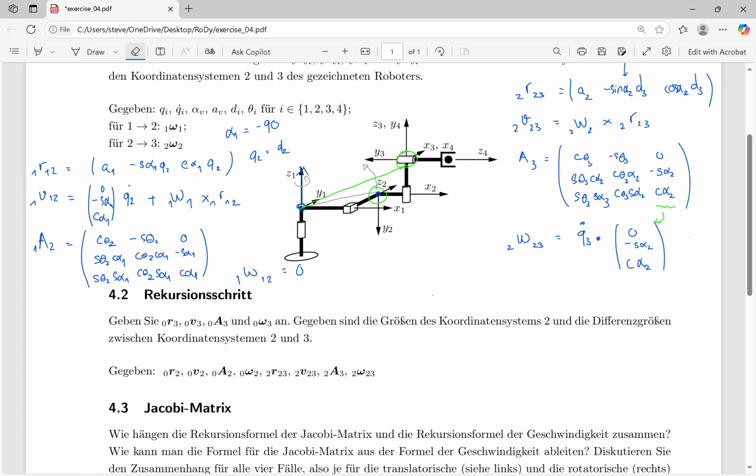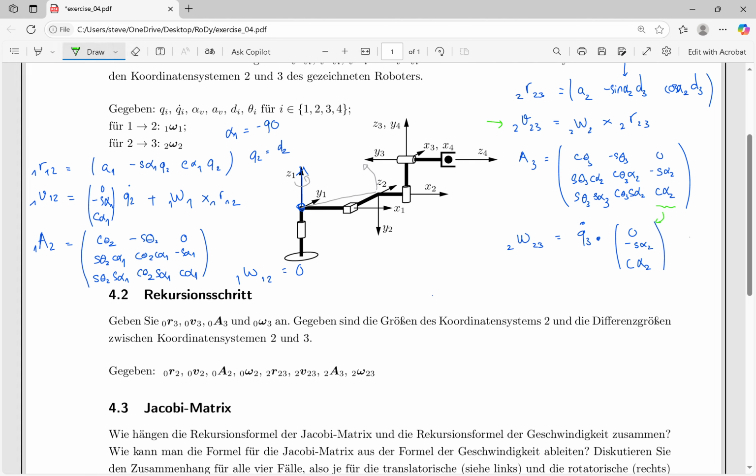But since 3 is further away, its velocity is actually a little larger, so it rotates a little faster. It moves a little faster, and this is why this thing comes out to be non-zero.